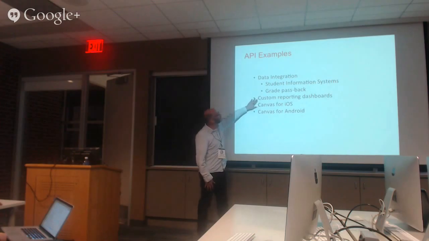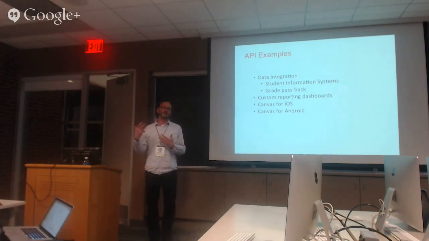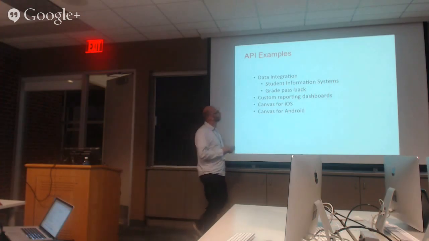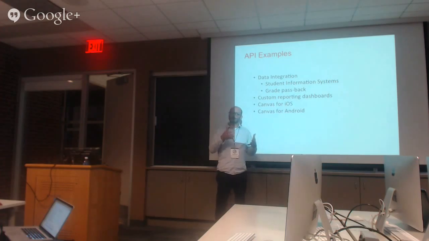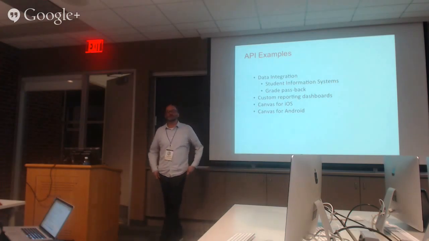Here we have custom reporting dashboards, so that's a great example of getting data out. It doesn't go back to the SIS, but instead is creating a unique solution for a school, for a department, for a university. Pulling the data out and building dashboards that paint the exact types of analytics or metrics that is needed. Canvas for iOS, Canvas for Android. We have two mobile teams.